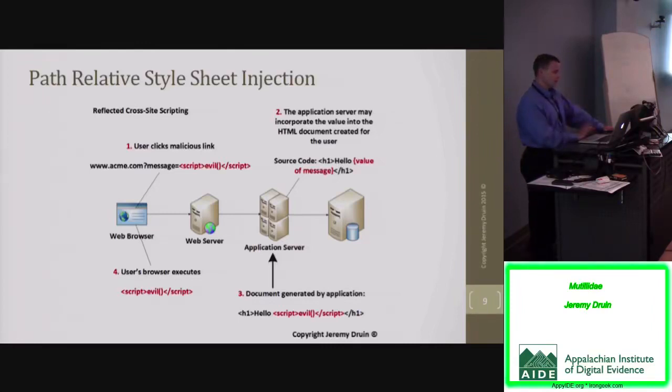So the script is going to travel all the way back to the browser. And when it finally reaches the browser, the browser understands JavaScript and can parse it and execute it. And that's when the attack will actually occur, is when it gets back to the browser.